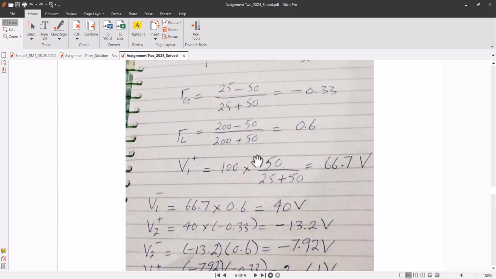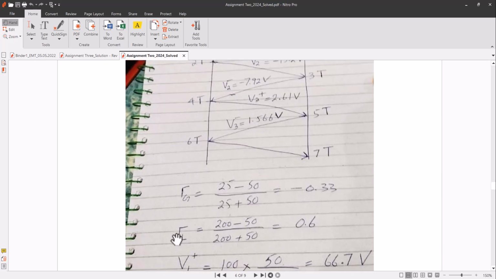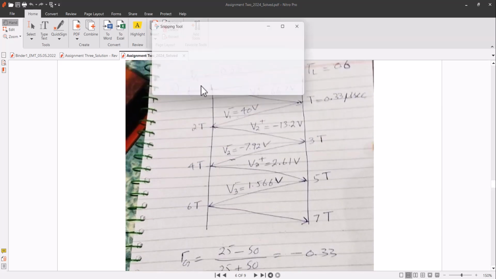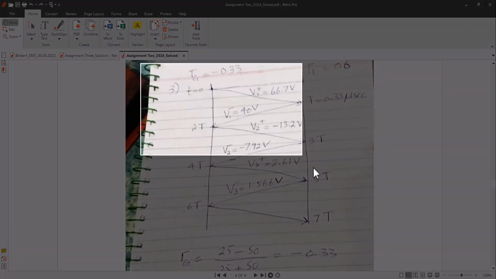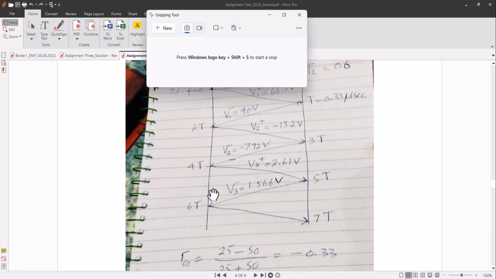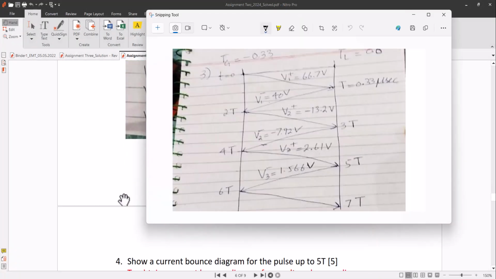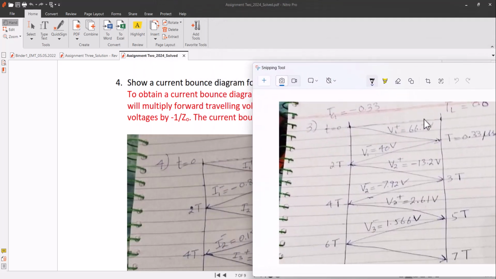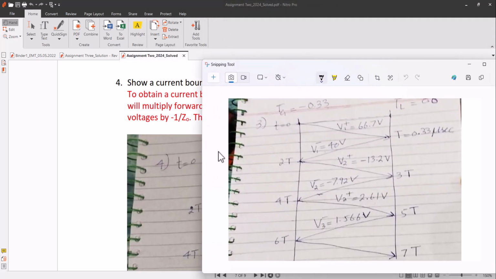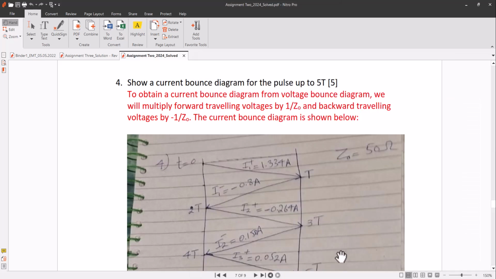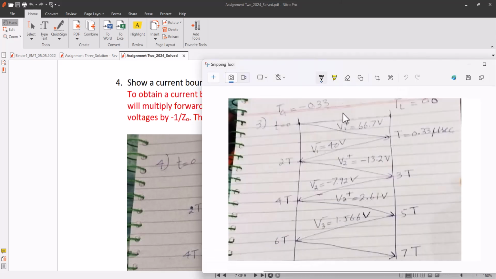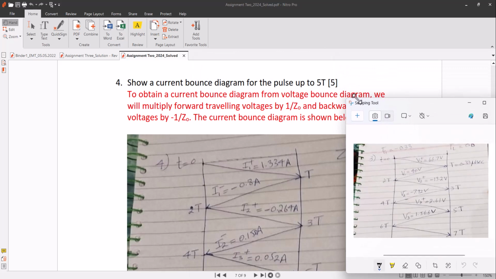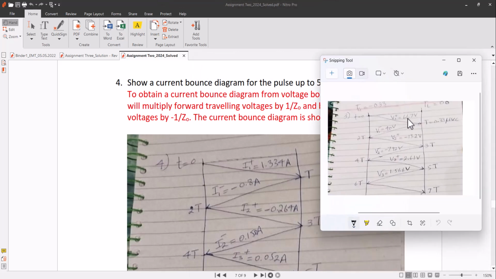So this is our diagram, and here you can see the forward voltage, this is 66.7. We will simply divide it by Z0. Z0 is 50, so you can calculate easily that 66.7 divided by 50 is 1.334.